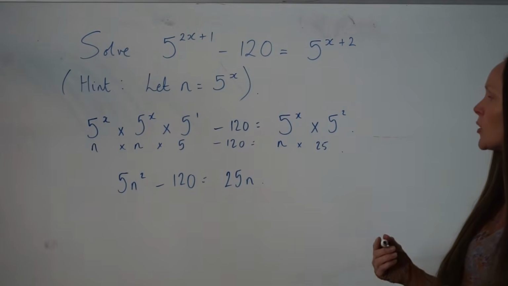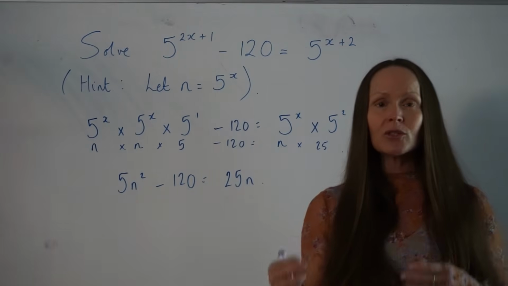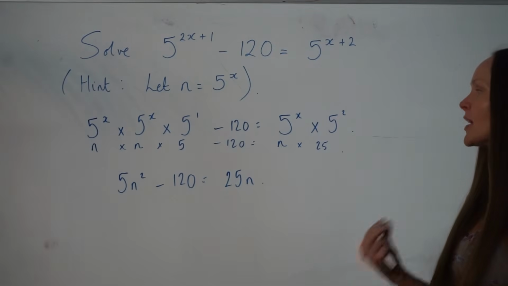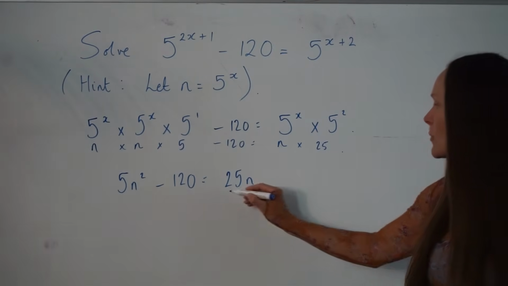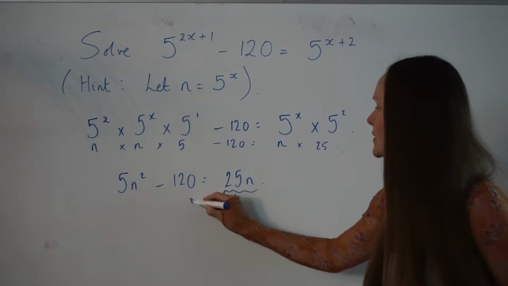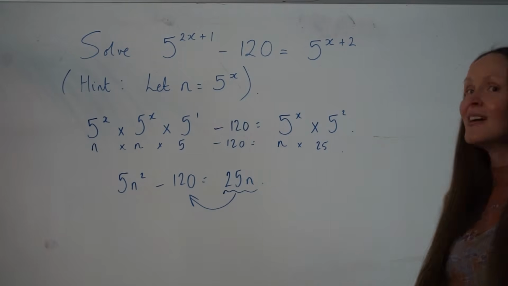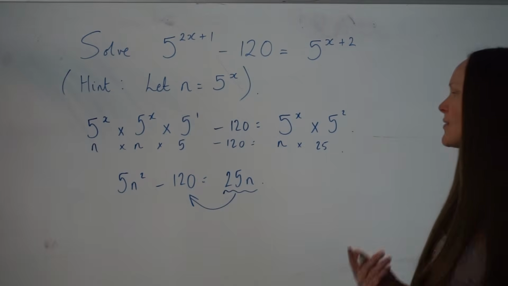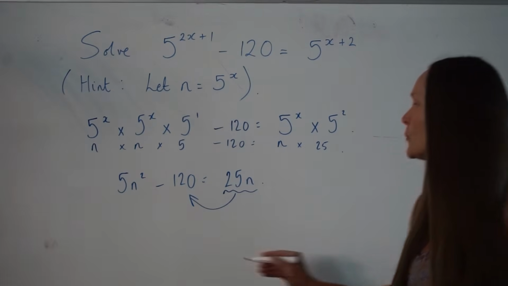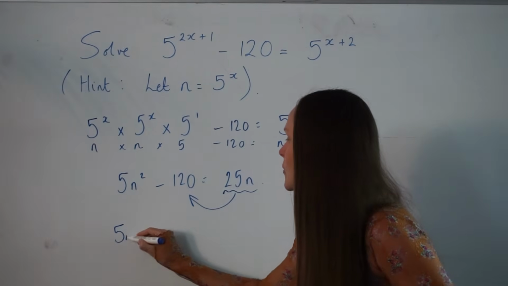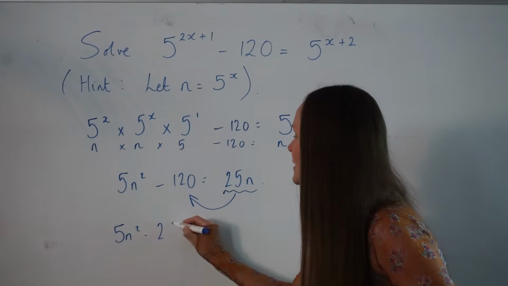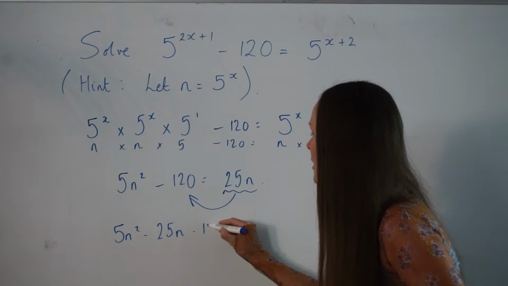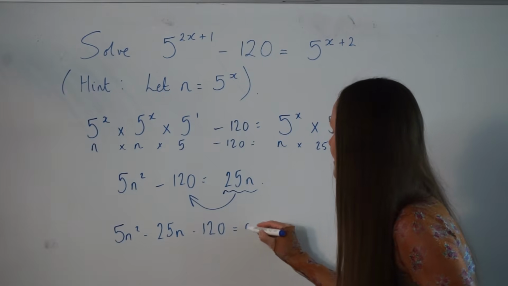To do that, I'm going to rearrange the equation so that all terms are on one side and the equation is equal to 0. So I'm going to move this term over to the left-hand side by subtracting 25n on both sides. If we do that, we then have 5n squared minus 25n minus 120 equals 0.